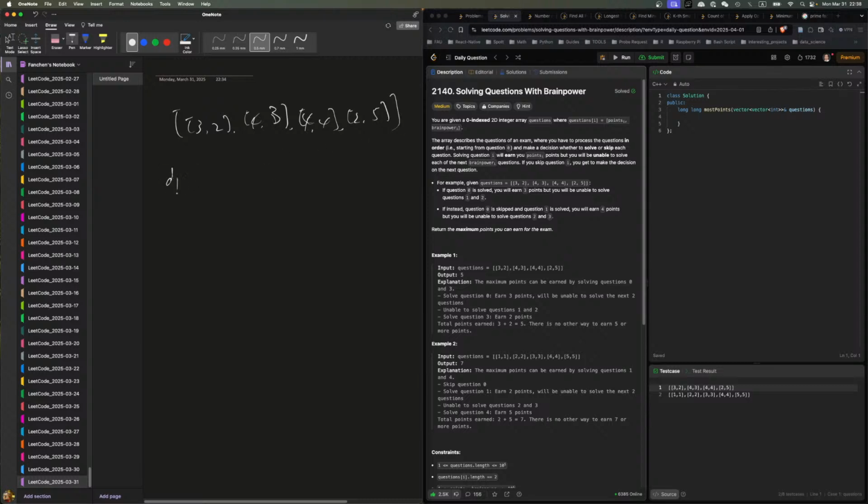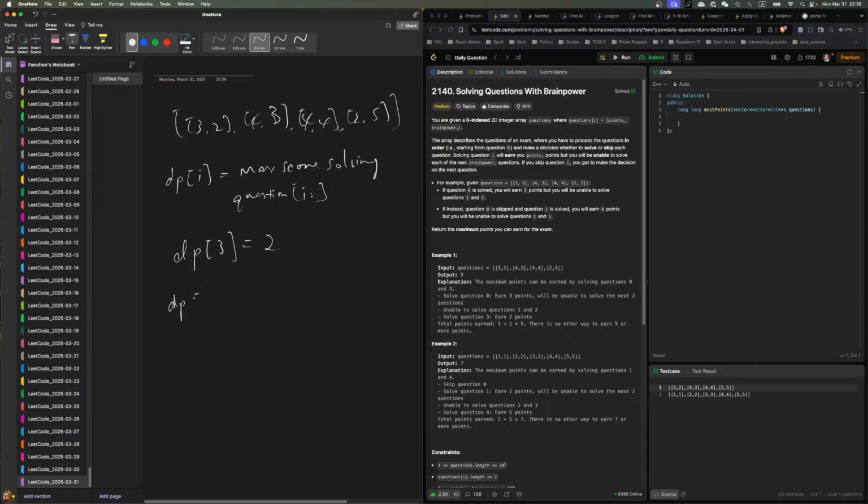So if I say dp[i] is equal to the maximum score solving questions from i towards the end. So we know 0, 1, 2, 3. dp[3] will equal 2 because you must solve it.